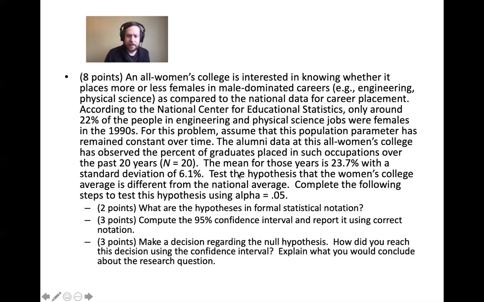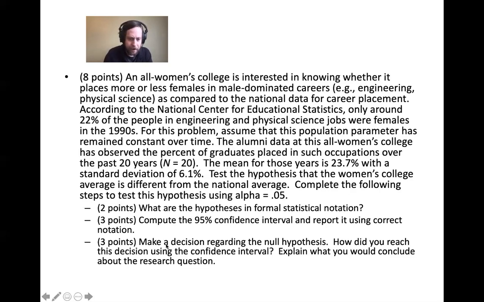Different can mean two things. It can mean the amount of women in male-dominated careers has increased since the 1990s, or it's possible that it has decreased since the 90s. So that's a two-tailed test because it just says vaguely different, which implies it could be different on the upside, greater than, or on the other side, less than.